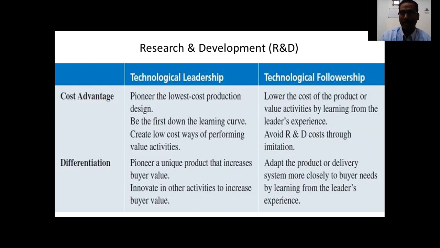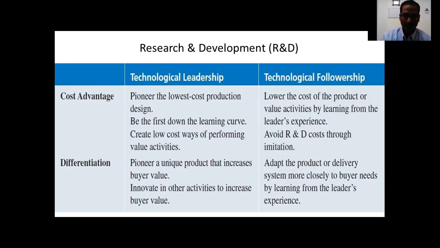Whereas if a business doesn't invest in R&D, it lowers the cost of product or value activities by learning from the leader's experience. So they cannot do anything; they have to just follow the leader. The cost may be very low, but increasing market share may not be possible. They avoid research and development cost through imitation of the technological leader.